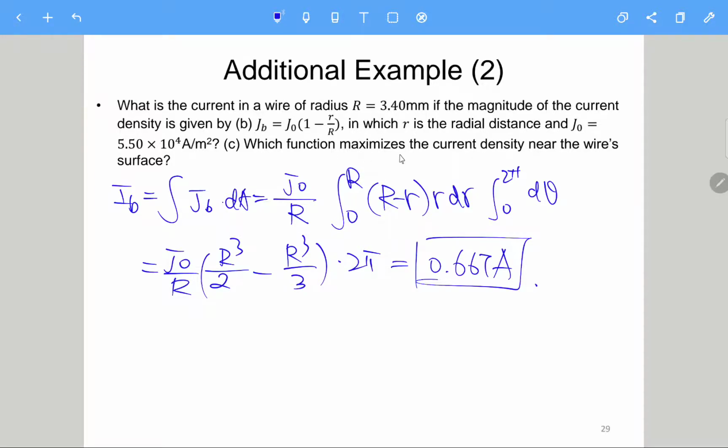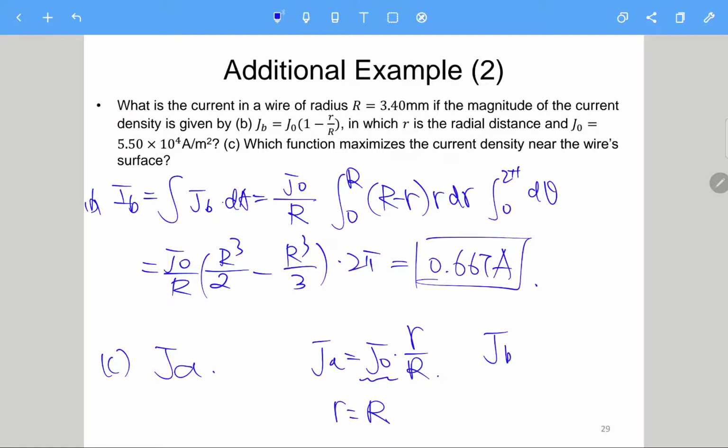And which function maximizes the current density near the surface? It's JA. For JA, it is J0 times r over R. It asks you about the surface, which means r equals capital R. So for this case, it is J0.